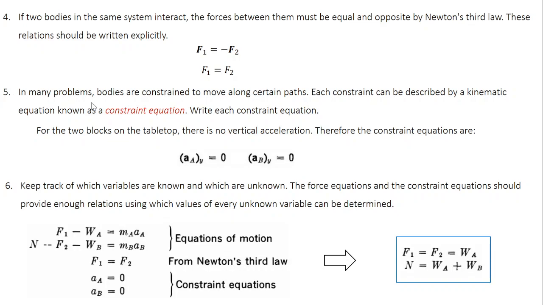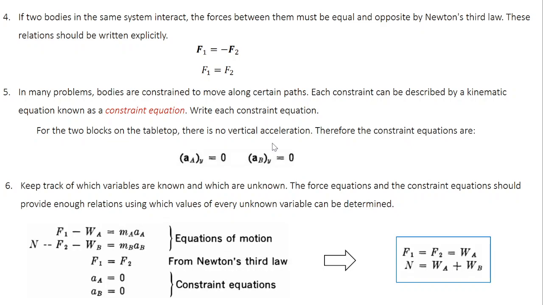Fifth step, in many problems, bodies are constrained to move along certain path. Each constraint can be described by a kinematic equation known as constraint equation. So write each constraint equation. Now in the present case, the two blocks on the tabletop experience no vertical acceleration because there is no movement along the vertical direction.